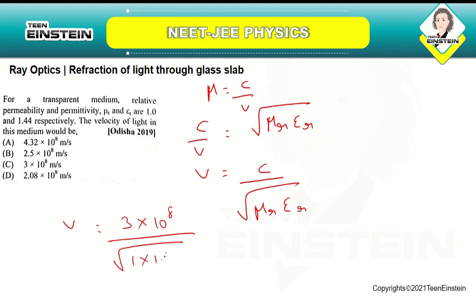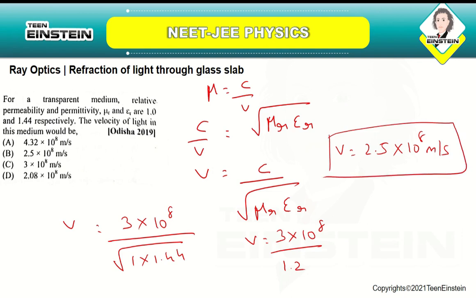So, 1 into 1.44. So, if you solve this, you will be getting V is equal to 3 into 10 power 8 divided by 1.2, or it is V is equal to 2.5 into 10 power 8 meter per second. So, the velocity of light in the medium will be 2.5 into 10 power 8 meter per second.